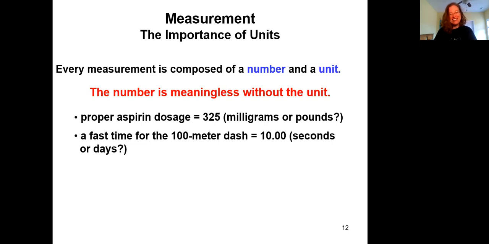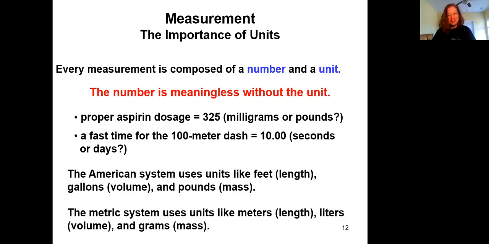Hopefully in seconds. The American system uses units like feet for length, gallons for volume, and pounds for mass. The metric system uses units like meters for length, liters for volume, and grams for mass. The metric system is definitely the system that I prefer and the majority of scientists prefer.